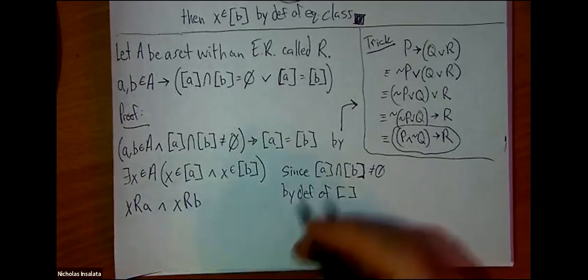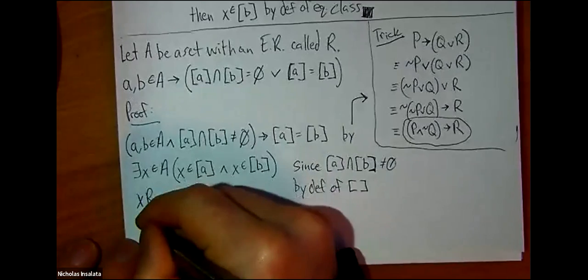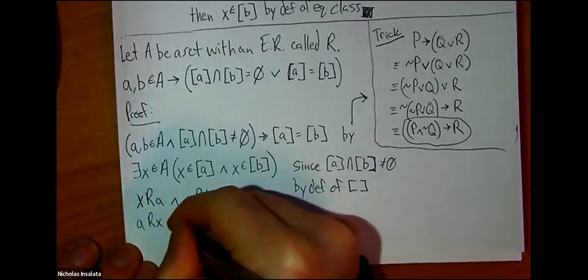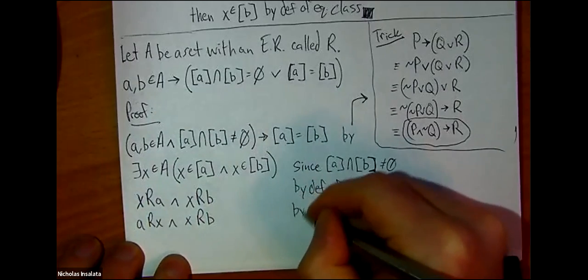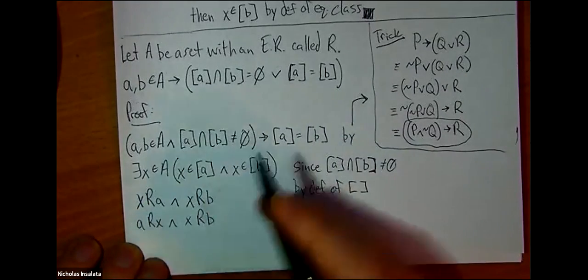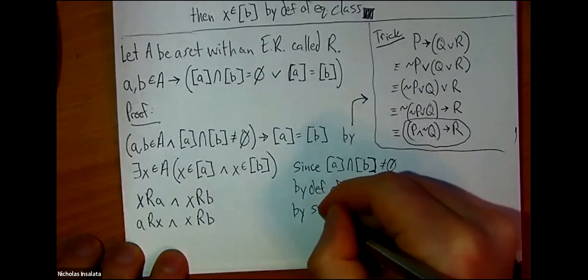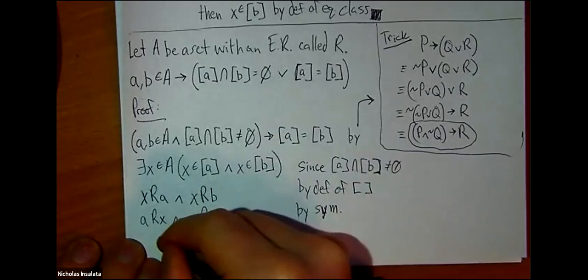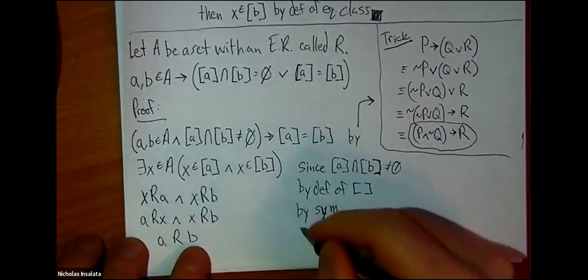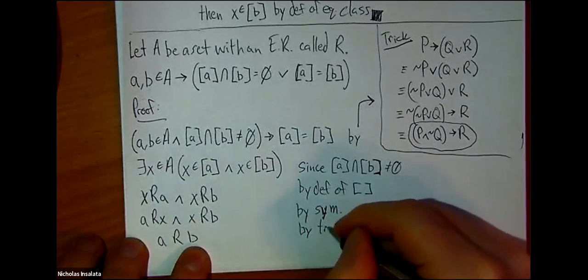That's exactly right, David. So what we can say is A relates to X and X relates to B by symmetry, because I just switched this one around, right? Then we have A relates to B by transitivity.